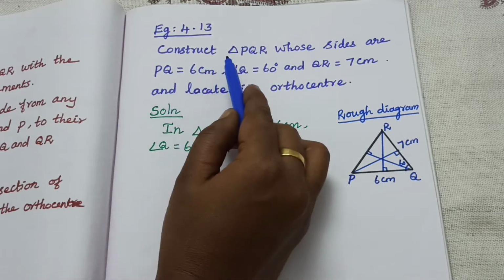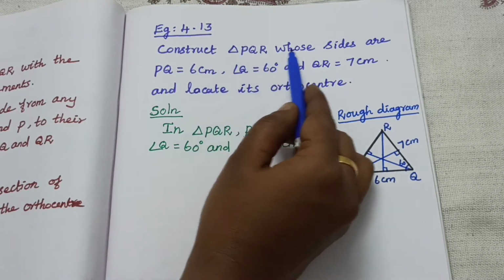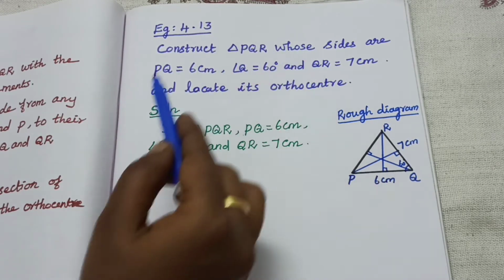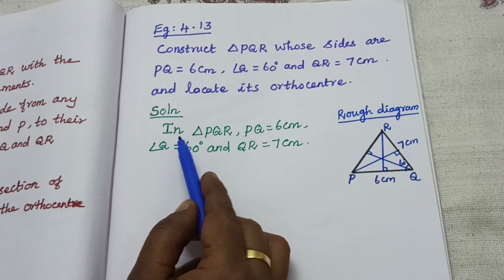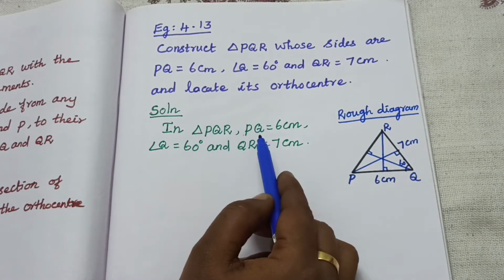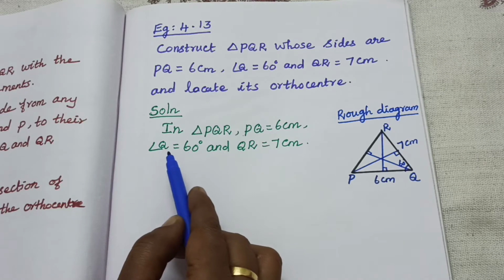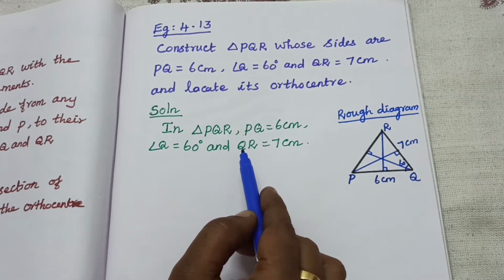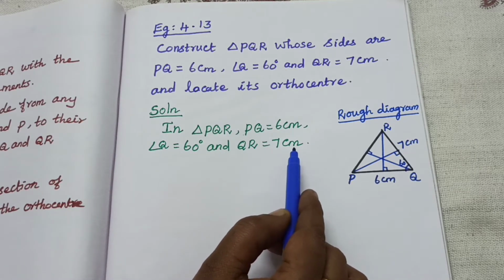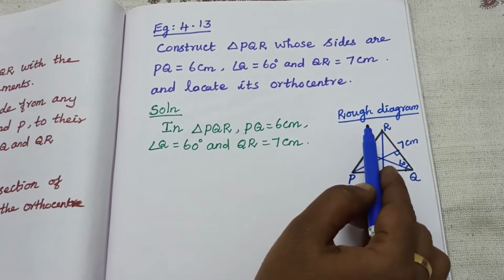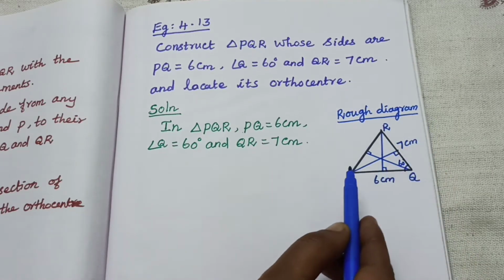First we have to construct triangle PQR. First write what is given: in triangle PQR, PQ is 6 cm, angle Q is 60 degrees, and QR is equal to 7 cm. Afterwards, draw the rough diagram.